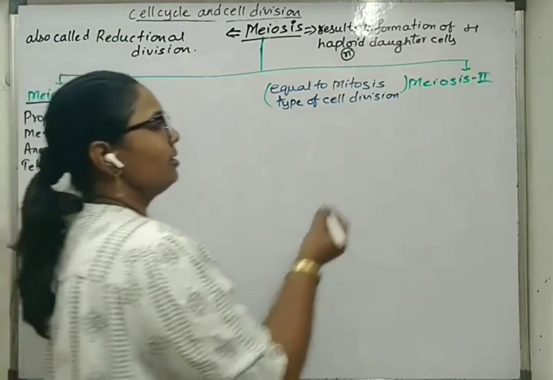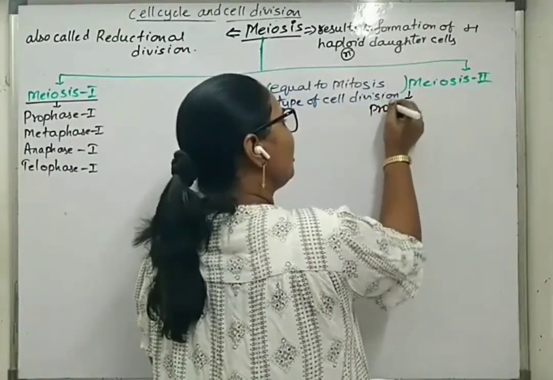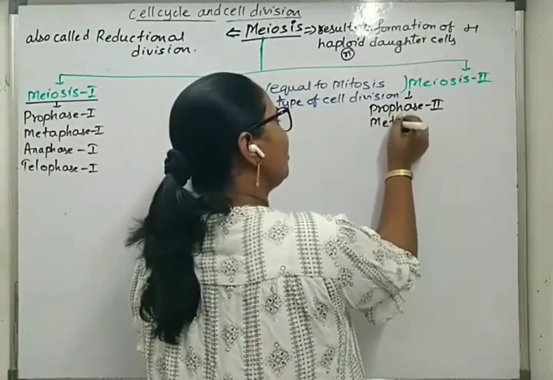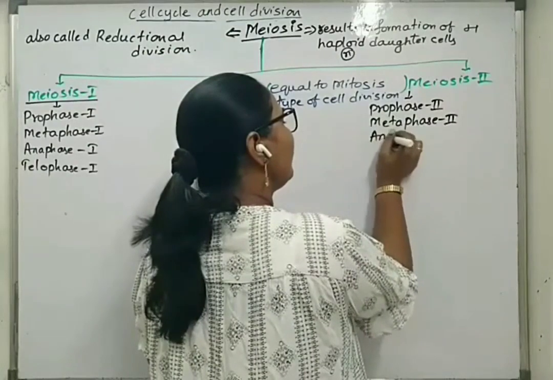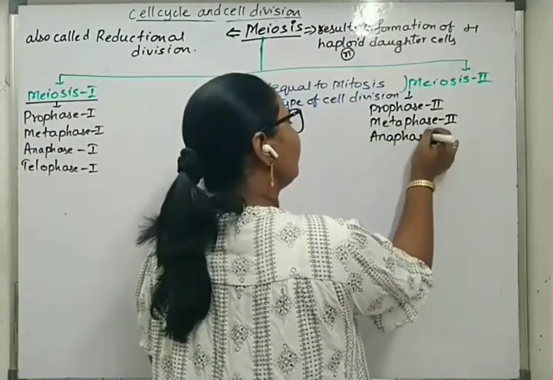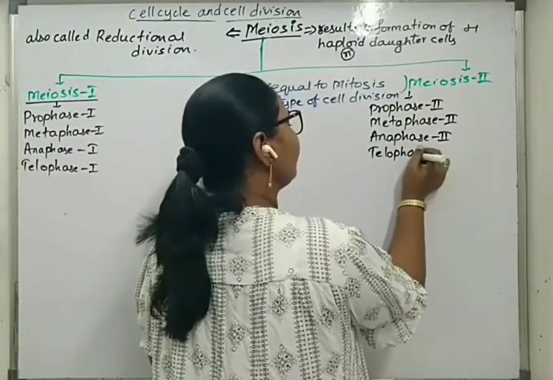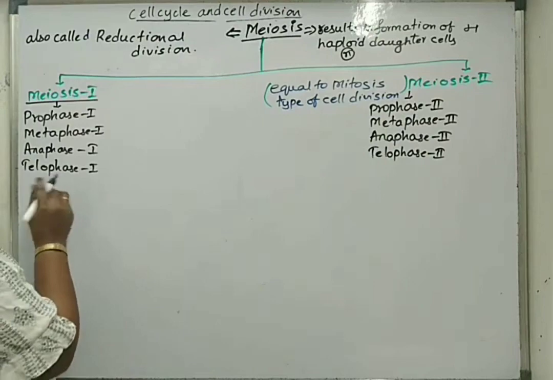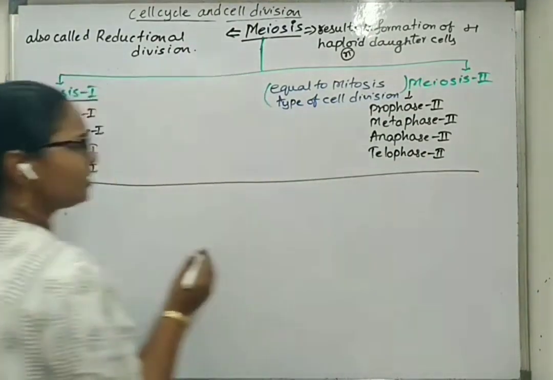Now, meiosis 2 includes prophase 2, metaphase 2, anaphase 2, telophase 2. Up to here it is karyokinesis.